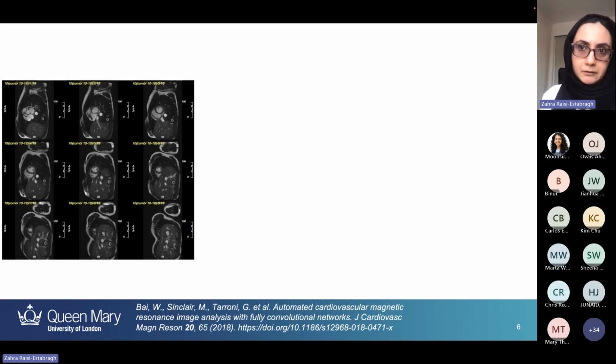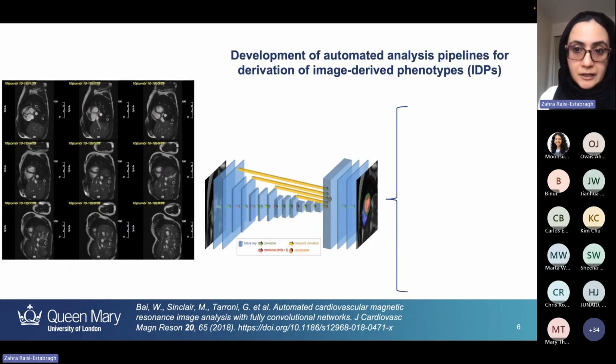But when we're thinking about a resource like UK Biobank, where we are faced with the task of analysing thousands of images, that kind of manual approach is simply not feasible. And there is need to develop automated methods to handle this level of data. And for this reason, there has been development of automated analysis pipelines to allow derivation of imaging phenotypes.